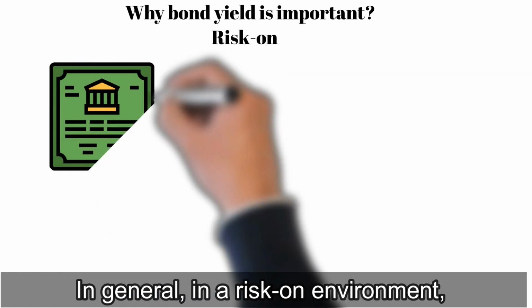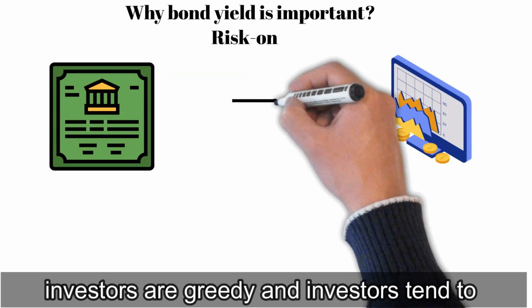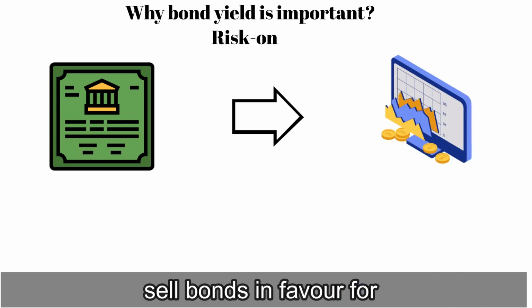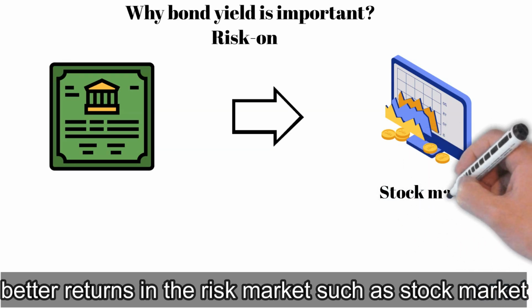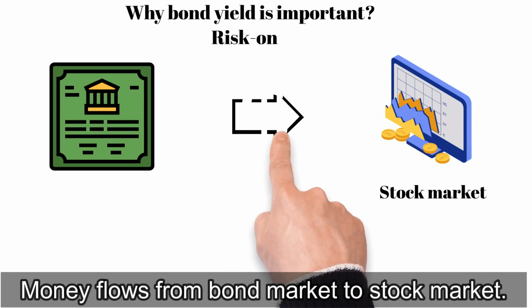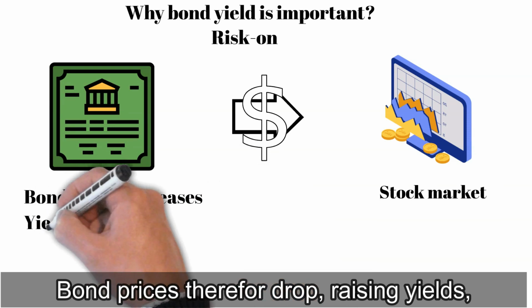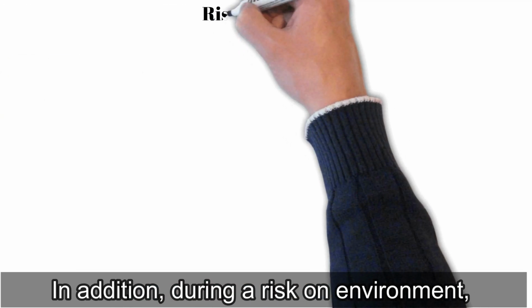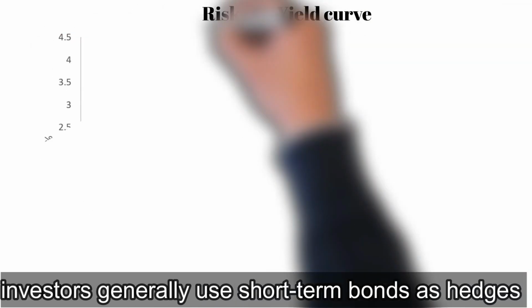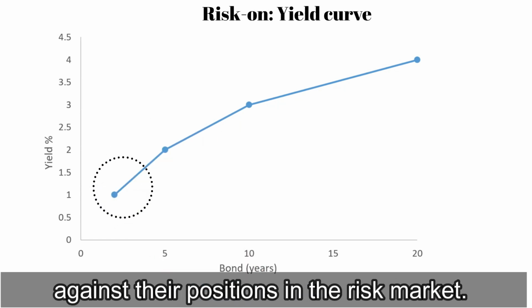In general, in a risk-on environment, investors are greedy and tend to sell bonds in favor of better returns in the risk market, such as the stock market. Money flows from bond market to stock market. Bond prices therefore drop, raising yields, and the stock market rallies. In addition, during a risk-on environment, investors generally use short-term bonds as hedges against their positions in the risk market.